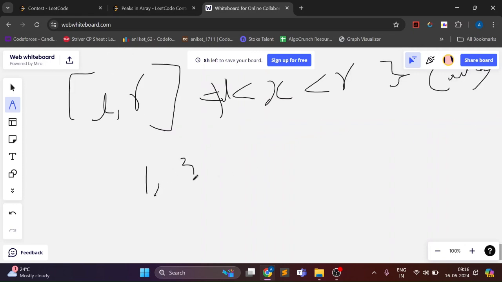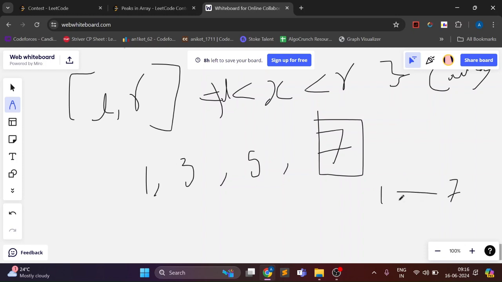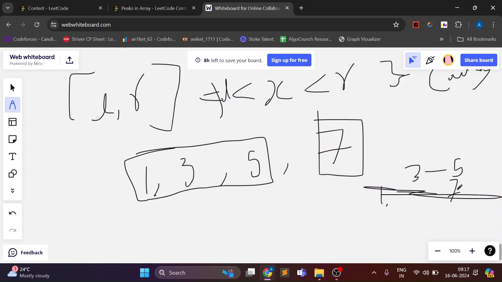Now in a sorted container, we can get this by finding, let's say I have to find the number of elements from 1 to 7 which are present in this. So what I can do is, let's consider 3 to 5. First I will find the number of elements which are less than 6, because we were finding up to 5. I will find less than 6 or less than equal to 5.